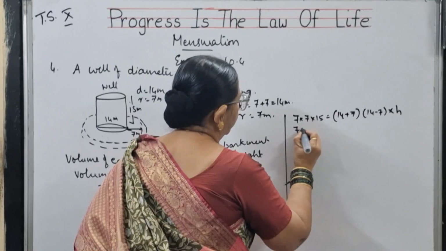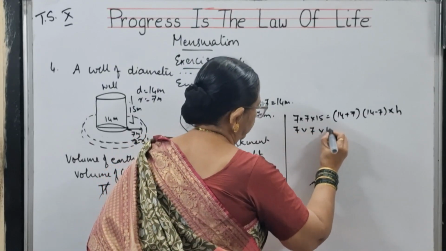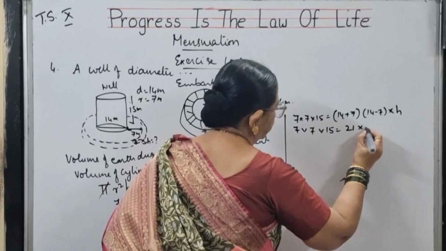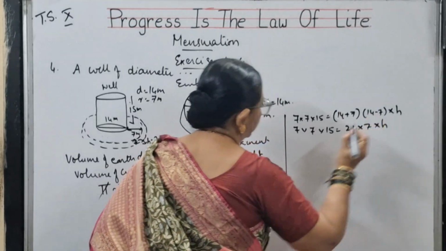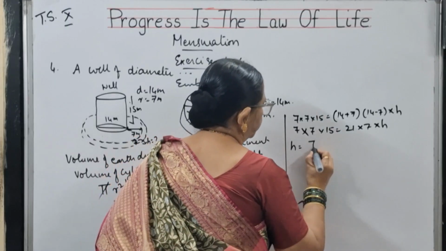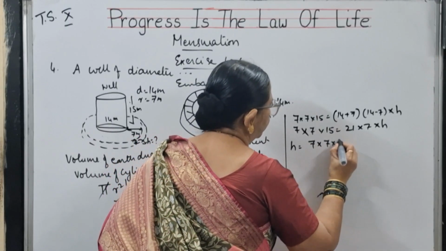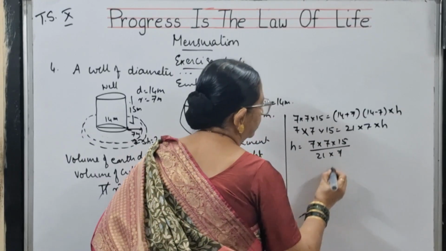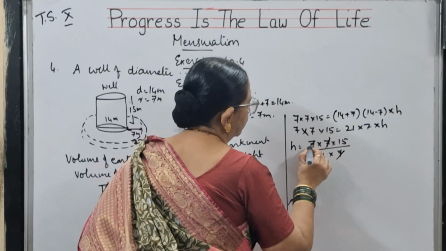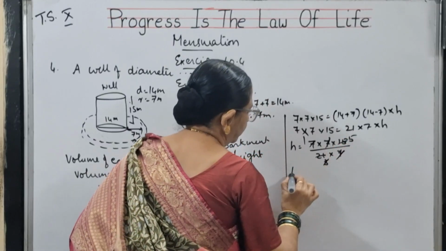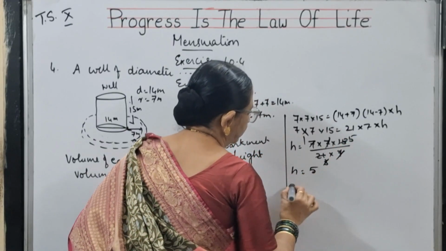That means 7 into 7 into 15 is equal to 21 into 7 into h. Let me make h the subject. I want h, that means 7 into 7 into 15 by 21 into 7. 7 and 7 will get cancelled. 7 ones are 7, 3 sevens are 21, 3 ones are 3, 3 fives are 15. So height is equal to 5.